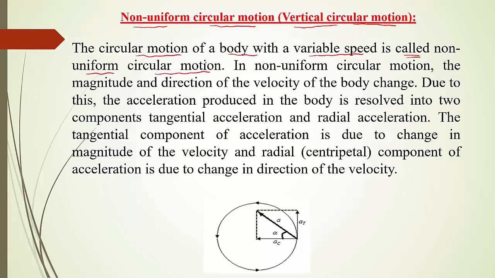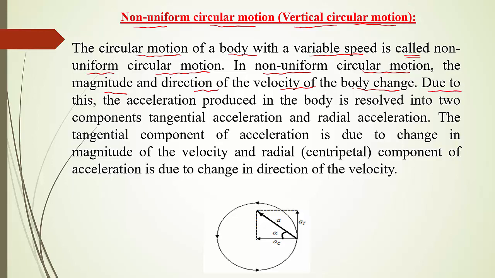If the object is moving with a different velocity in the circular path, then we call it non-uniform circular motion. In non-uniform circular motion, the magnitude and direction of velocity of the body change.